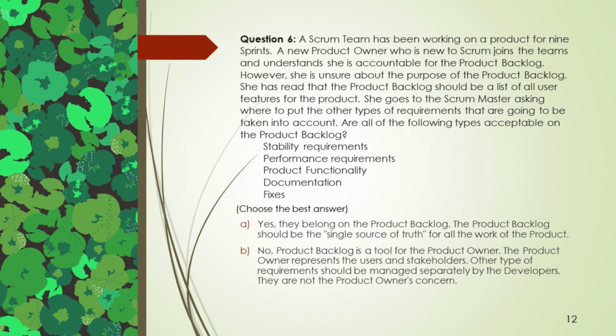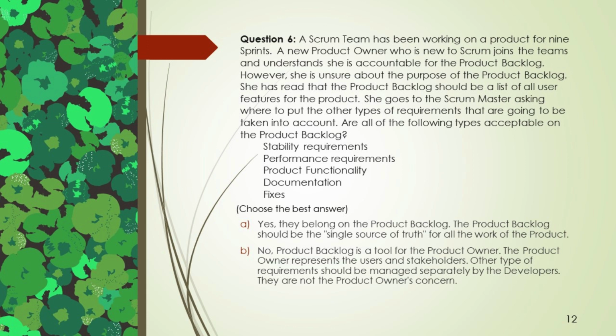Question 6. A Scrum team has been working on a product for 9 sprints. A new product owner who is new to Scrum joins the team and understands she is accountable for the product backlog. However, she is unsure about the purpose of the product backlog. She has read that the product backlog should be a list of all user features for the product.